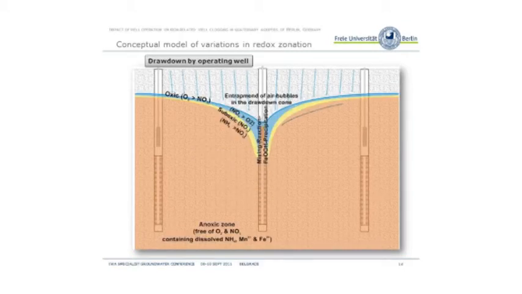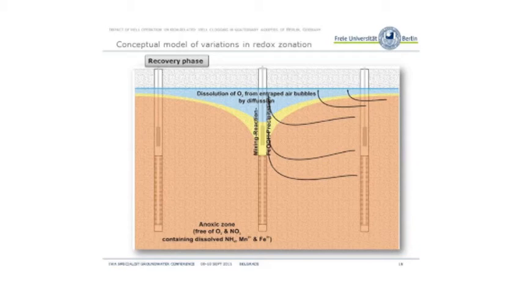If we then start operating the well, we have a drawdown and a reaeration of the aquifer in the zone of the drawdown, and we have a mixing of these thin oxic and suboxic zones near the well and in the well itself, and therefore precipitation of iron hydroxides.